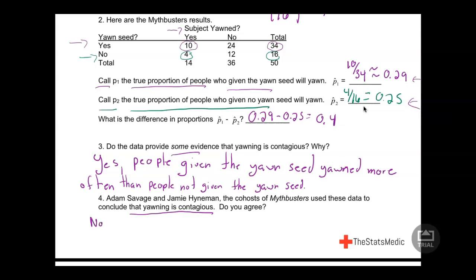So we're going to state no. It could have happened that people who got the yawn seed yawned more often purely by chance.